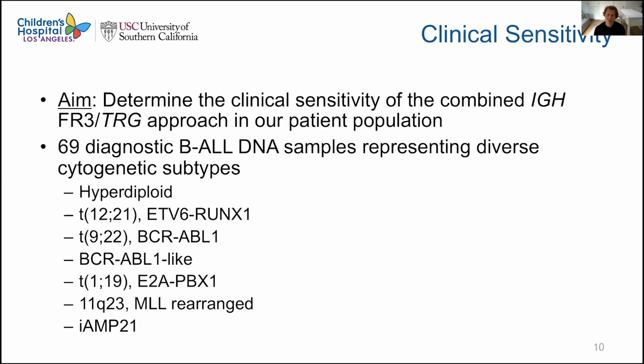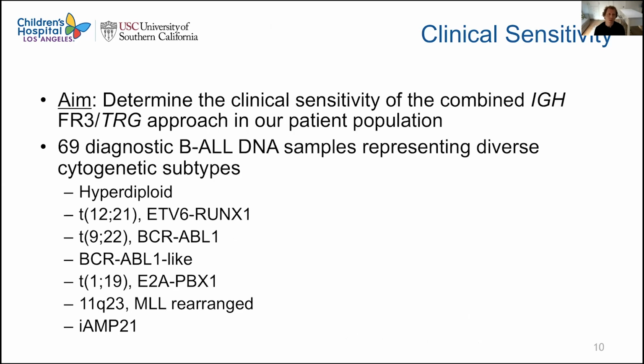So one of the first things we set out to do was to determine clinical sensitivity. And what I mean by that is to figure out the proportion of our patients with lymphoblastic leukemia where we could identify these clonal sequences in either the IGH or the TRG gene.